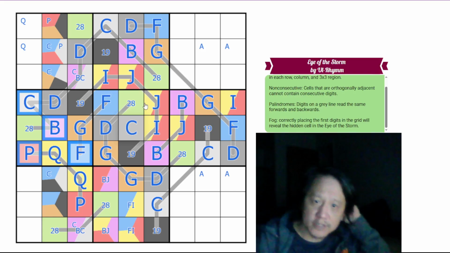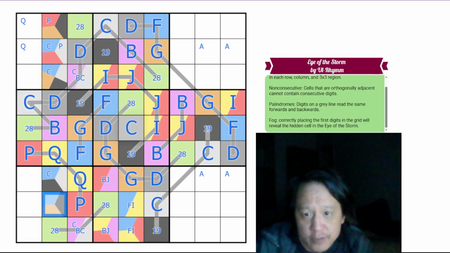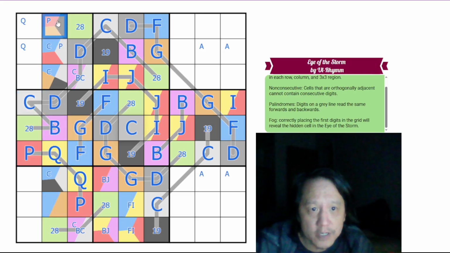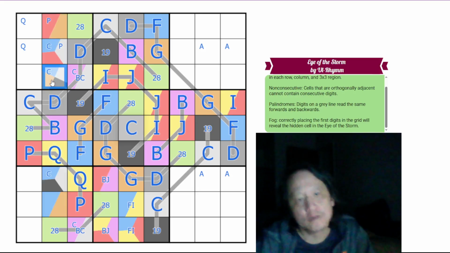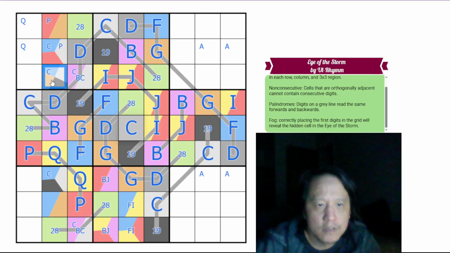Dark cannot be next to green, so this cannot be dark here. Dark cannot be next to green here, so this can't be dark here. That is helpful. So dark is either here or here. Dark cannot be either of these.